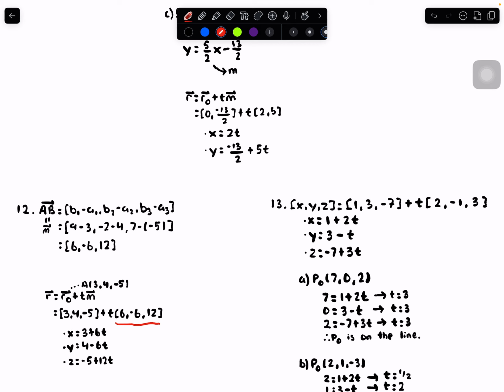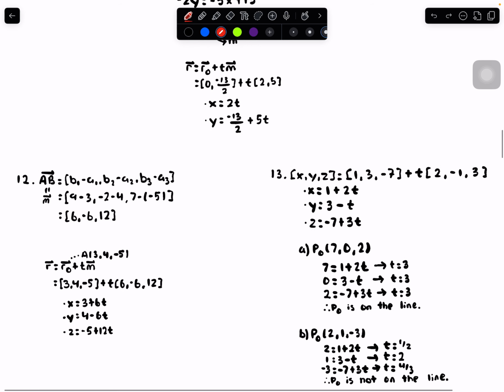And then the known point I use is A, but you could have easily used B as well. No difference. Your solution will probably be different if you use B, but finding your parametric equations is the same step as before. You just take x equals 3 plus 6t, y is going to be 4 minus 6t, and z equals -5 plus 12t. Okay, good.